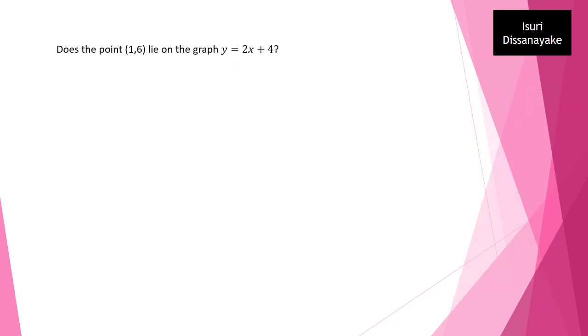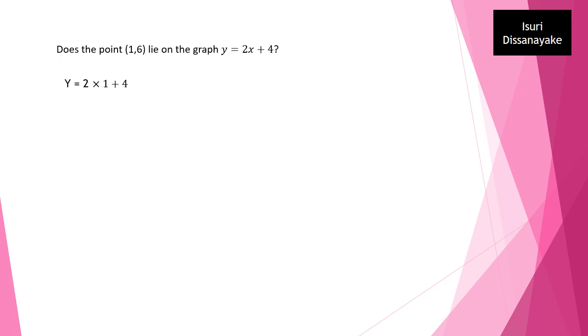Does the point (1, 6) lie on the graph y equals 2x plus 4? Let me use algebra. My input is 1. The x coordinate is 1.